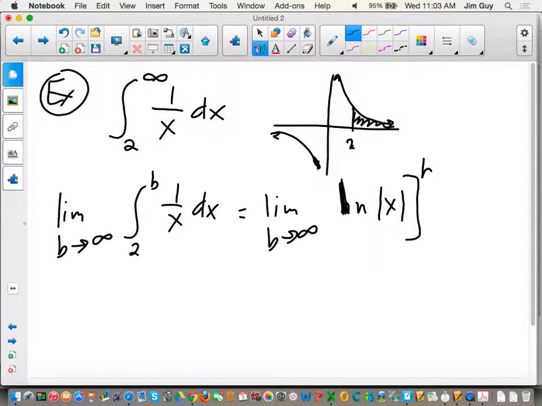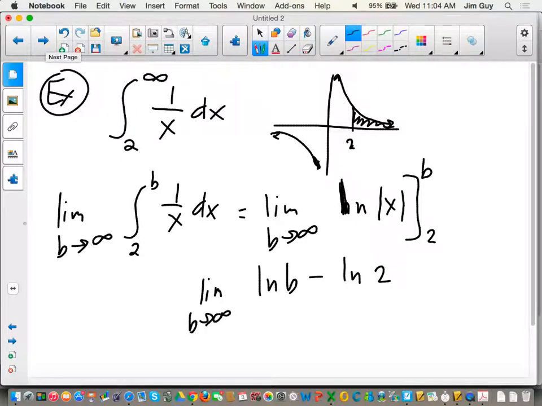And we're going to plug in b, and we're going to plug in 2. So I get the limit as b approaches infinity of the ln of infinity minus the ln of 2. Oops, ln of b, sorry. I didn't plug that in yet. Okay.